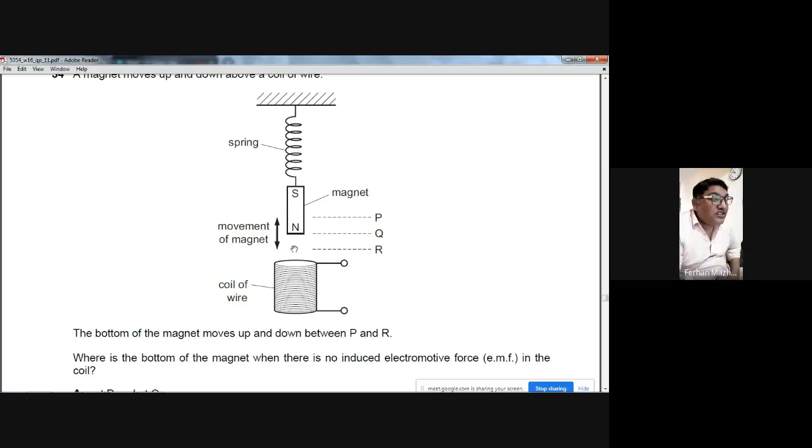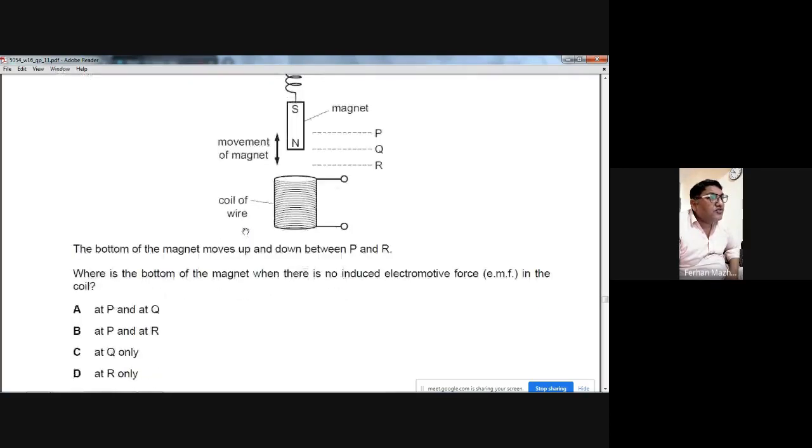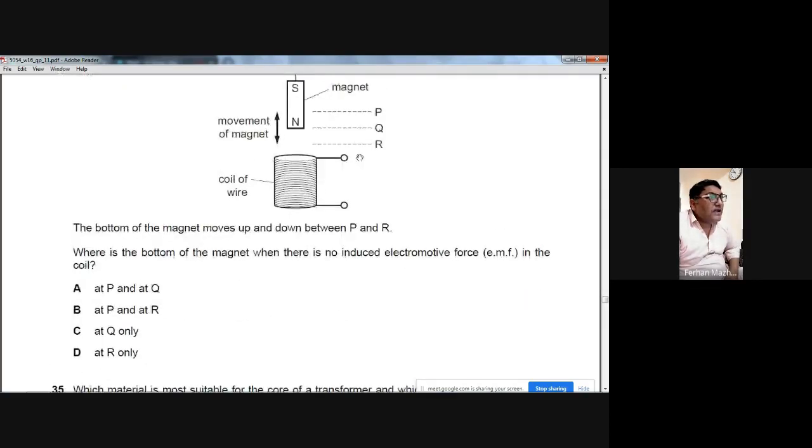So his question is, where is the bottom of the magnet when there is no EMF induced? It should be at P and at R. So the choice is B. For the 34th, the choice is B.